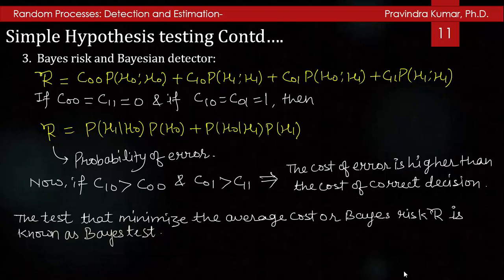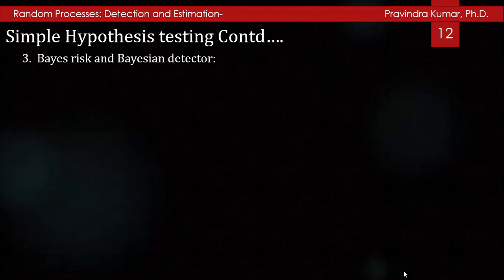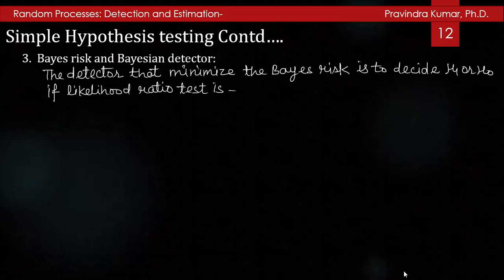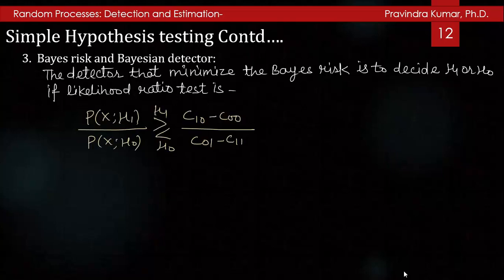The test that minimizes the average cost or Bayes risk is known as the Bayes test. The detector that minimizes the Bayes risk is to decide H1 or H0 by the likelihood ratio test, which means the PDF under hypothesis H1 divided by the PDF under hypothesis H0, greater than or less than (C10 minus C00) divided by (C01 minus C11).